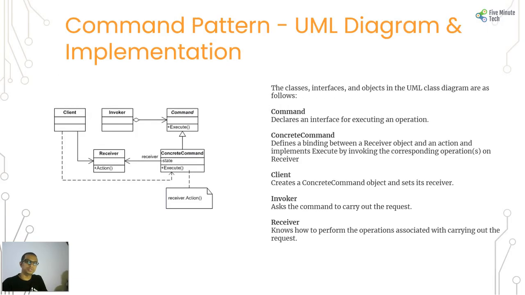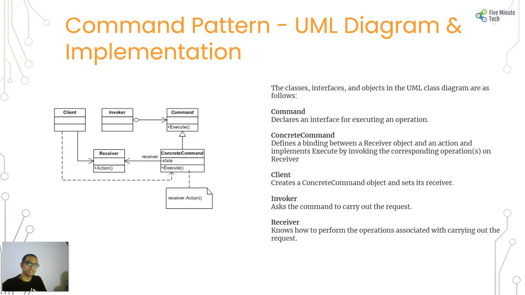Command pattern UML diagram. So you have a client which calls a receiver. Receiver has concrete commands to implement the command which is set out, and those concrete commands have a base command implementation which is called by the invoker. So command declares an interface for executing an operation.